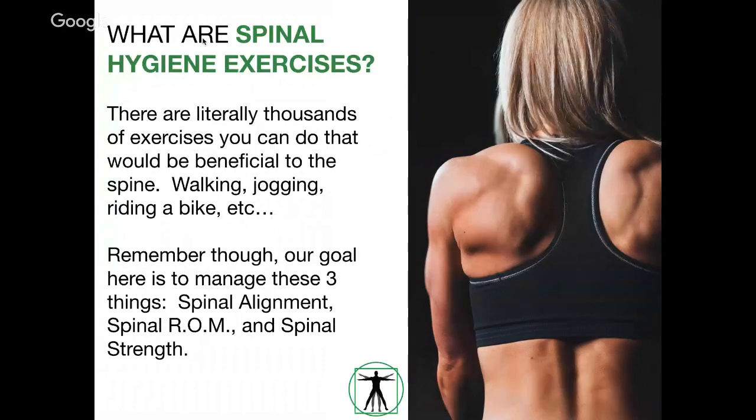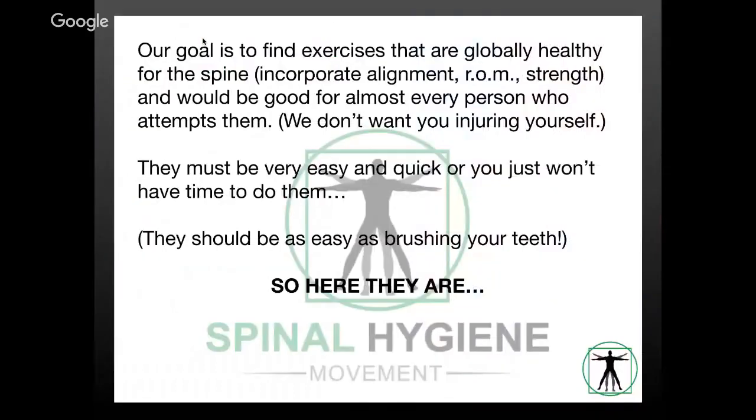Now get this. There are a lot of different ways to exercise, and all those ways would probably be good for your spine. But our goal here is to manage these three areas, okay? You could go for a jog, you could walk. If you're already doing these things, keep doing them. It's great. But the way we want to be efficient about these three areas is to address the spinal alignment, the spinal range of motion, and the spinal strength, and find exercises that are very efficient. It's just like brushing your teeth.